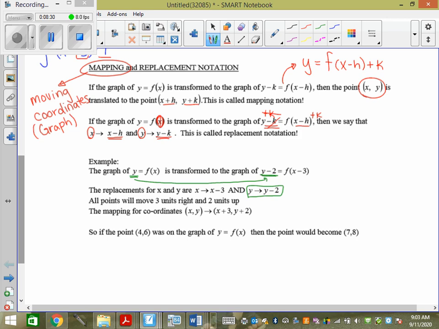And then we have x, and it's being replaced with x minus 3. So you put the arrow, because that's showing replacement. X becomes x minus 3. Y becomes y minus 2. Now, in order to give the other ones, I'm going to actually write it in y equals.